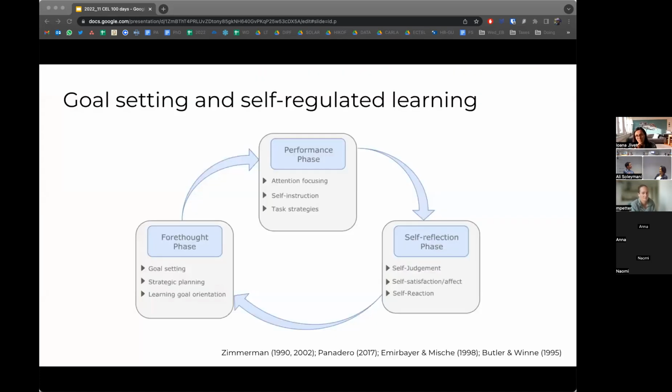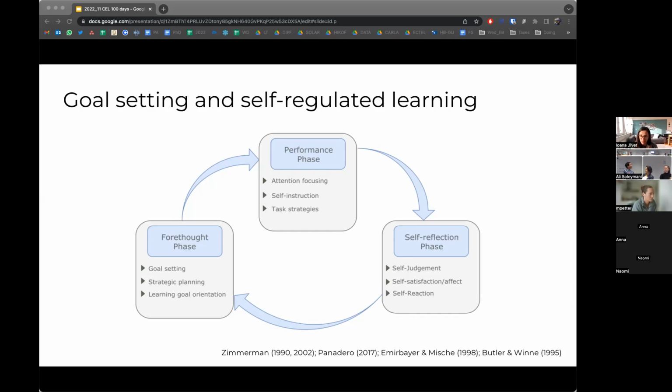And when talking about goal setting, I think it's also important to address this aspect of self-regulated learning, because fundamental to the theory of self-regulated learning is that students are agents, that they act with purpose and autonomously, and they are guided by their own goals when they are learning. Of course, based on this, they are also managing their own learning behavior, and they have in place both internal feedback loops where they self-evaluate, but also they need external feedback loops that help them calibrate their internal loops.